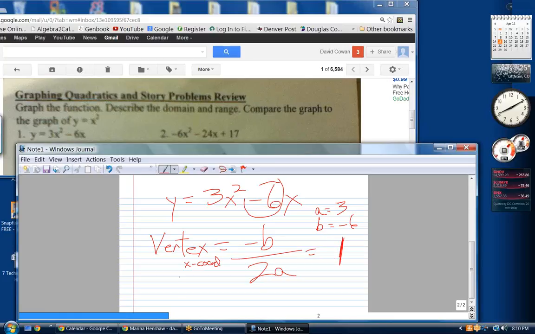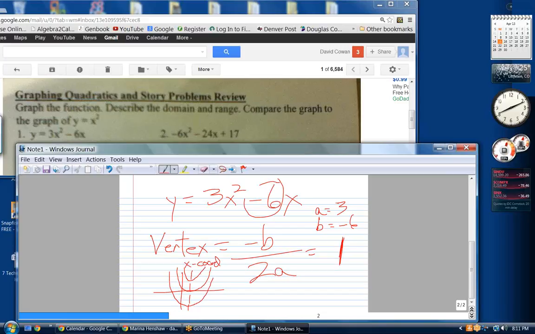Which means that if I draw a parabola, I'm going to draw my line of symmetry through 1, and the vertex is going to be somewhere on here. Don't know where yet. Could be any of these places, but I know it's going to go through that line of symmetry.